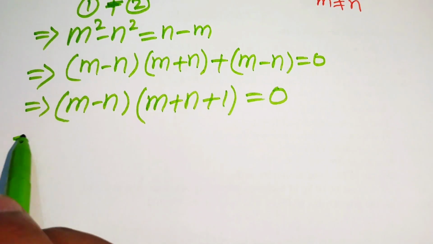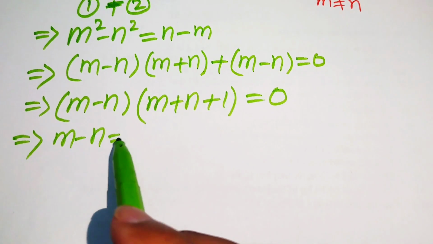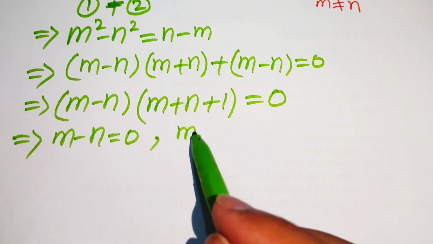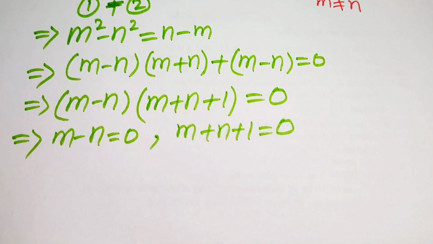So here we have two cases. The first case is m minus n equals 0, and the second case is m plus n plus 1 equals 0.